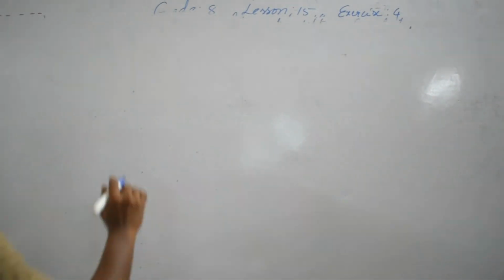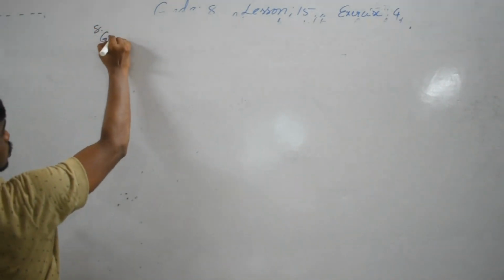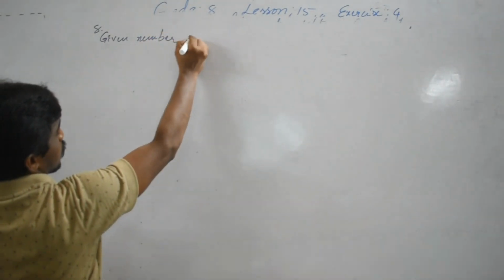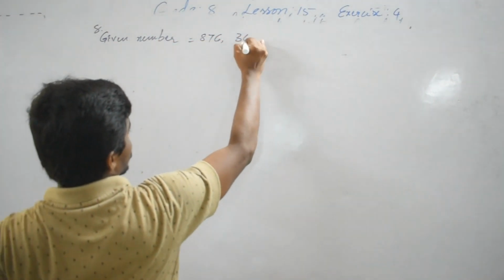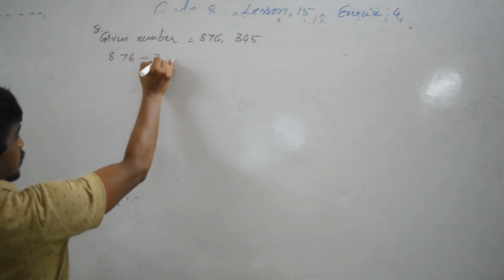So, 8th one. Given numbers, what are they? 876, 345. 876 divided by 3.